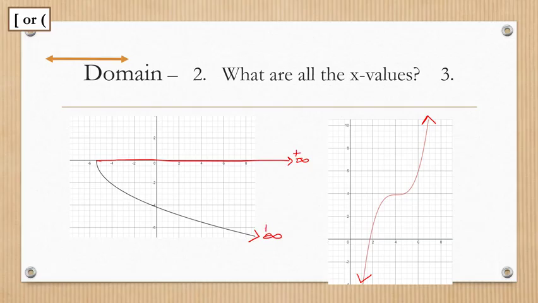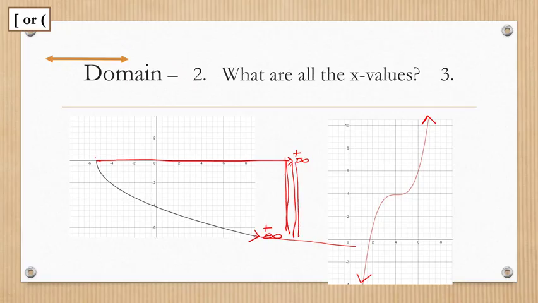You're like, but it's going down. No, going down means you're looking at the y values. This is still going on and on in this direction, which means I'm still using all of these x values out here, going on forever and ever.